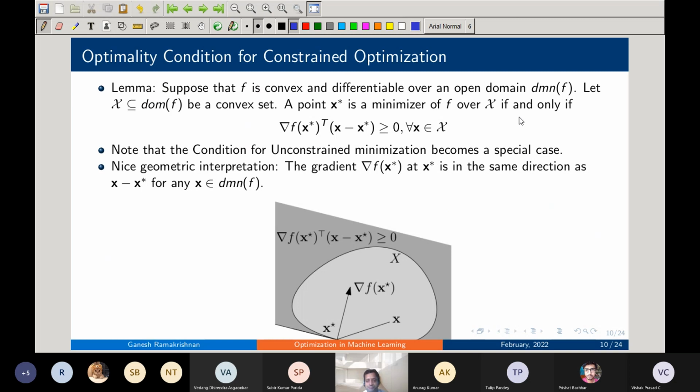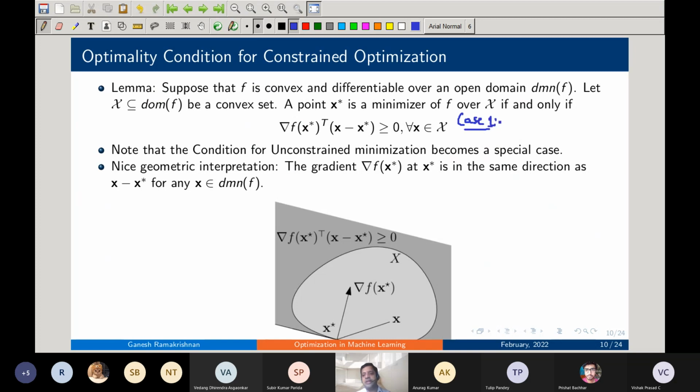Of course, you think of this in cases. The simpler case is when you're dealing with a point in the interior.